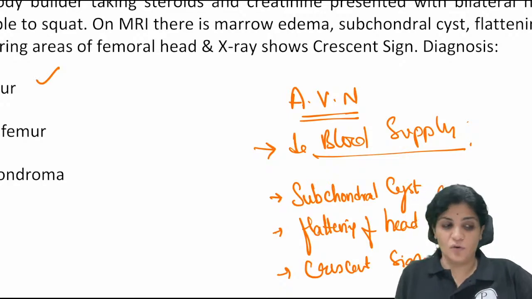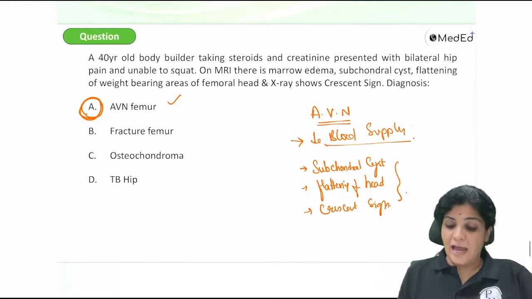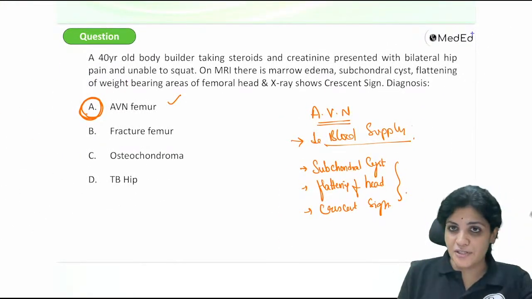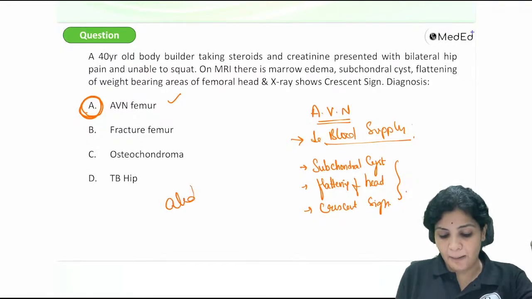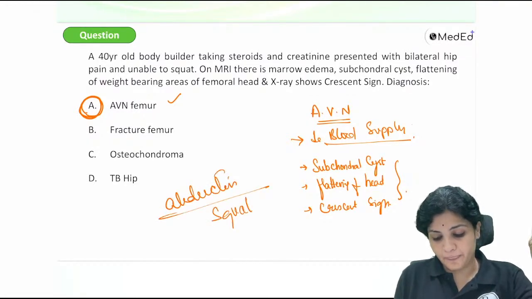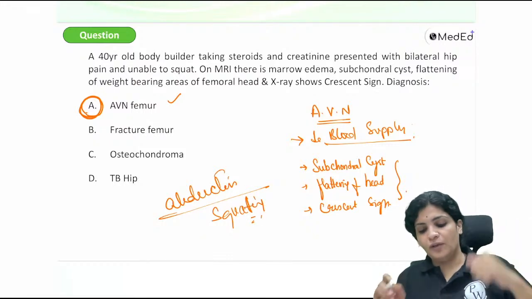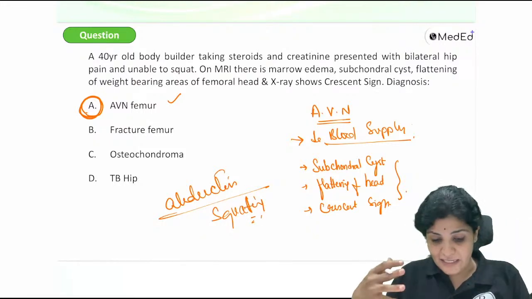All these are features of the avascular necrosis. And because of the avascular necrosis, the patient is unable to do movements such as abduction, which is required for squatting. Right? So everything is fitting into avascular necrosis.